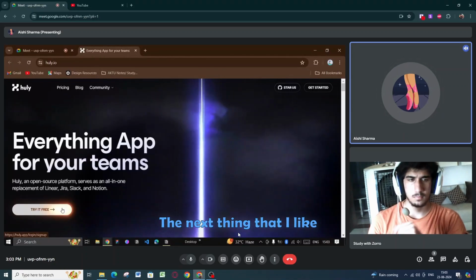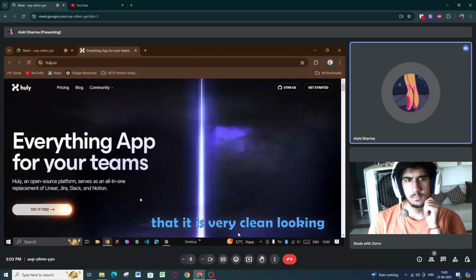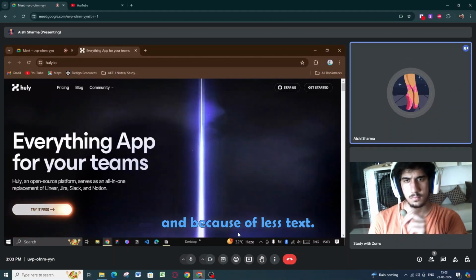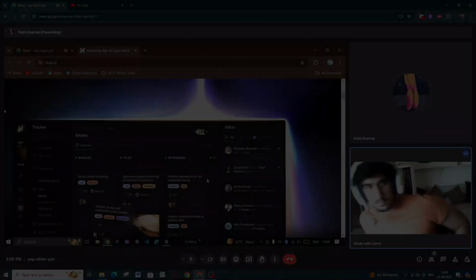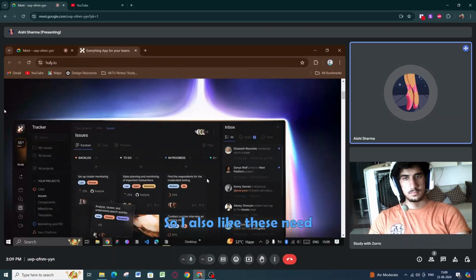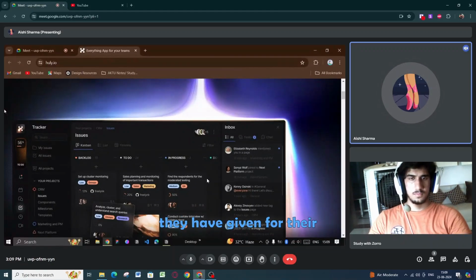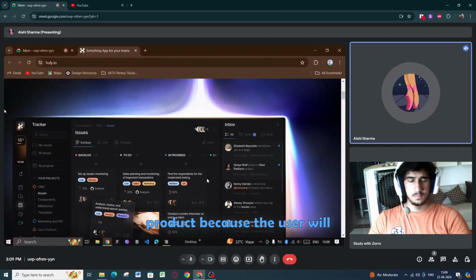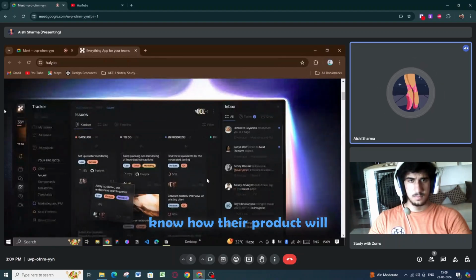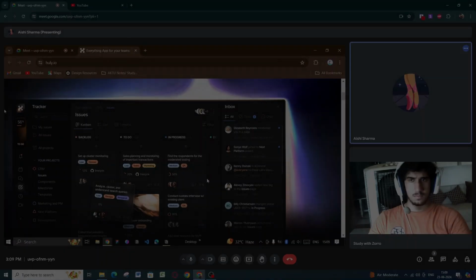The next thing I like is that it is very clean looking because of less text. I also like the sneak peek they have given for their product, because the user will know how their product will look in real life.